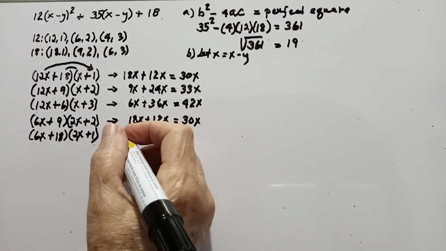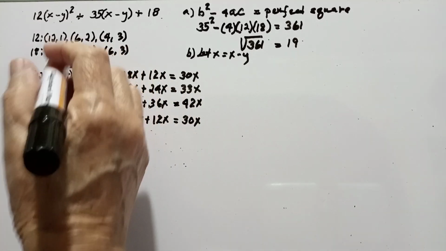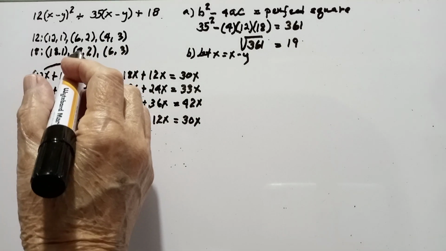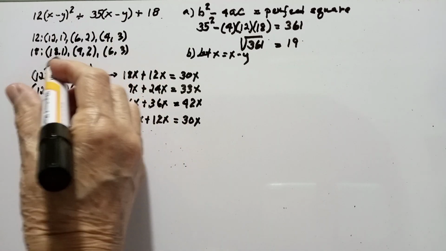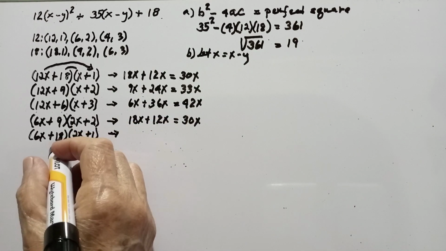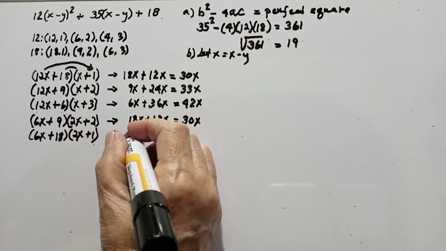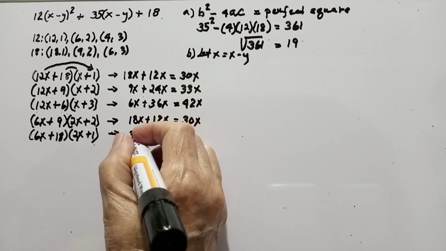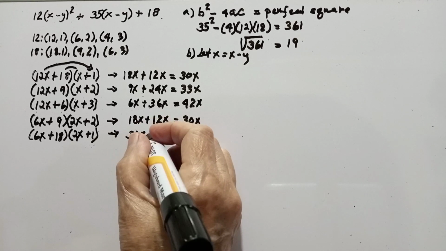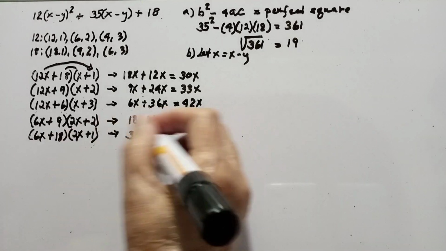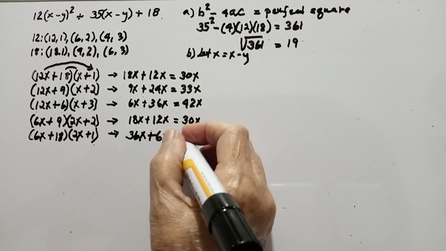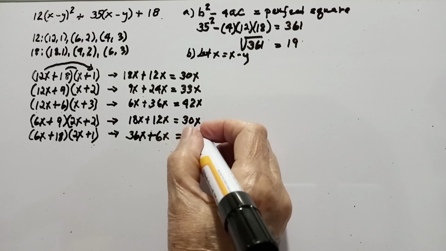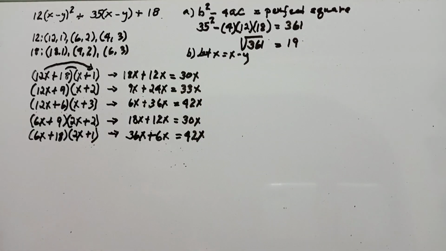Oh, I'm getting blind. We have 6x, and then 18, and you have 2x, then you have 1, so that's correct. So 18 times 2 is 36x plus 6x times 1 is 6x, that would be 42x. So still not the factors.